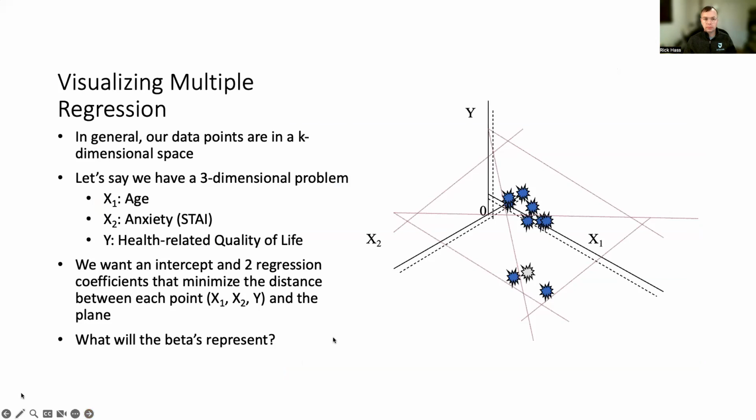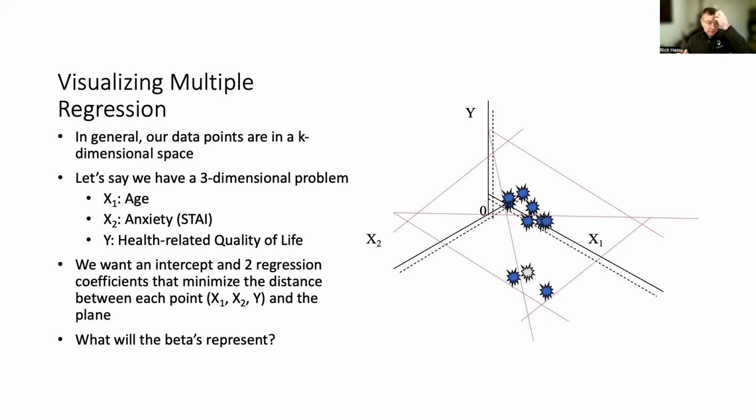So let's pick an example, not the cholesterol one. Let's pick a simple one where we have two numeric predictors and a numeric outcome. We started in week 6 with just the scatter plot, a two-dimensional problem, an X value and a Y value.